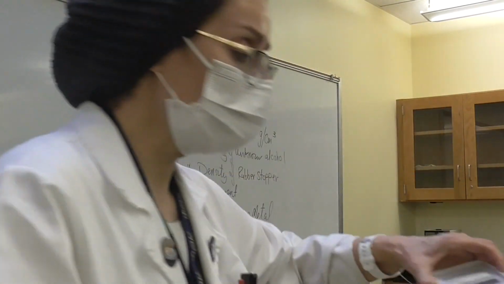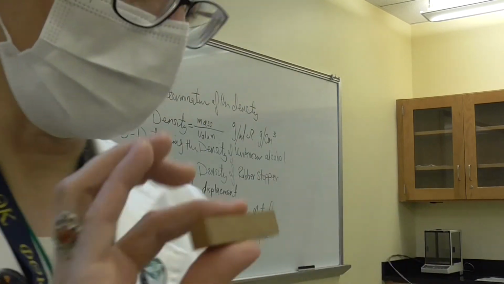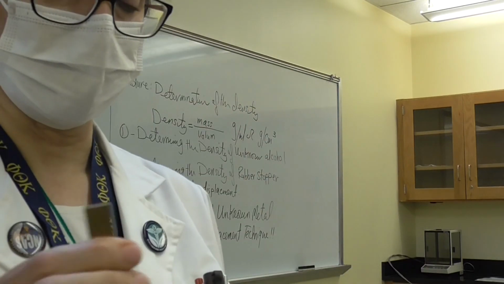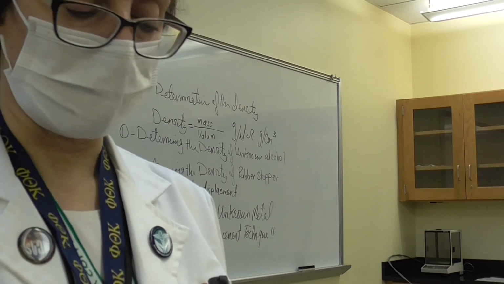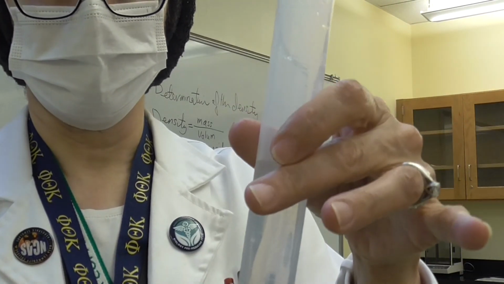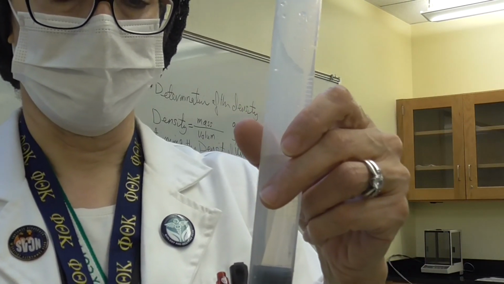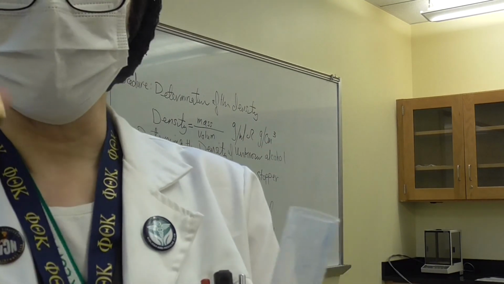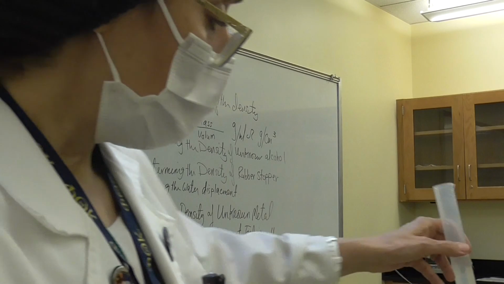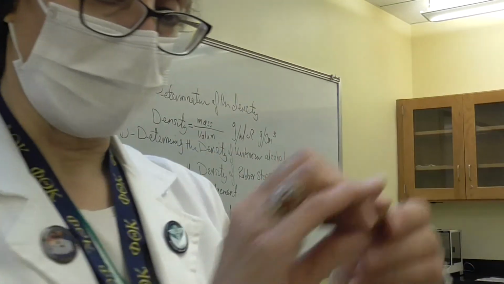Students will pick one of these metal bars, and it is unknown to us. We're going to measure it on the scale. That's the weight of it. And we're going to demonstrate the water displacement the same way we did with the rubber stopper. That will give me the volume of this metal bar.